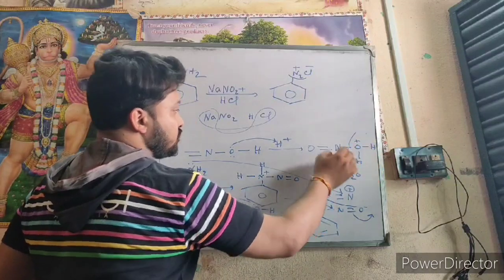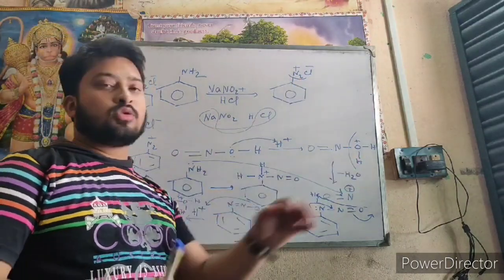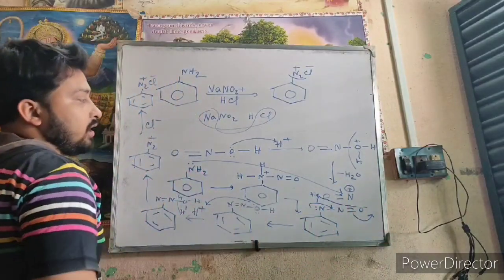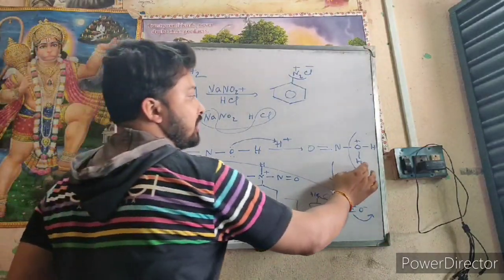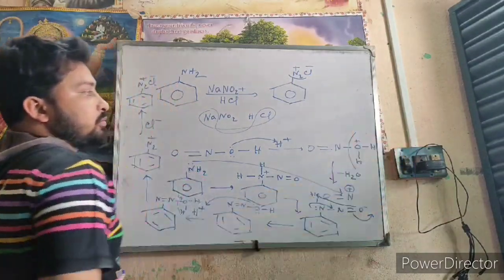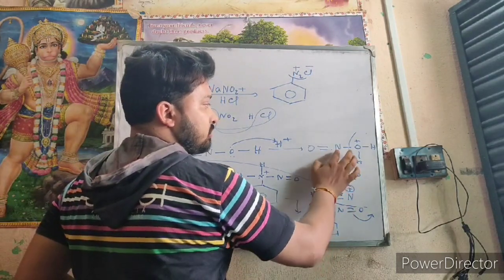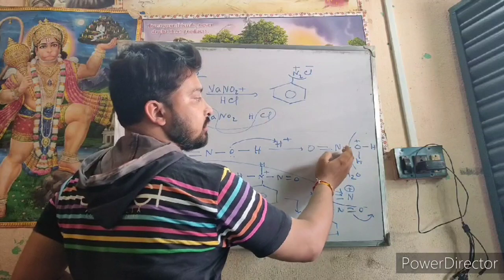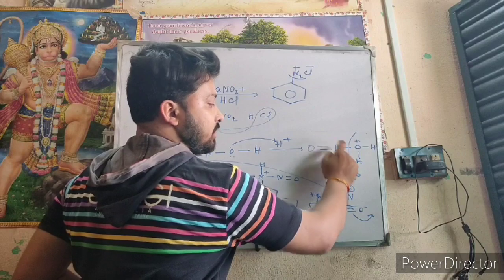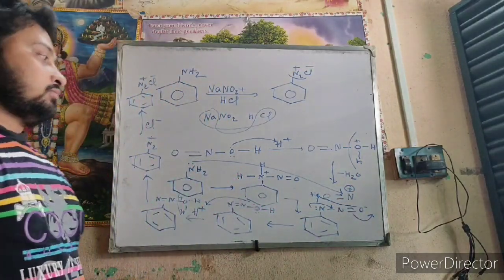That is OHH, so H2O. And we know that N2 and H2O are good leaving groups. So H2O is removed from this compound, and we get NO plus.